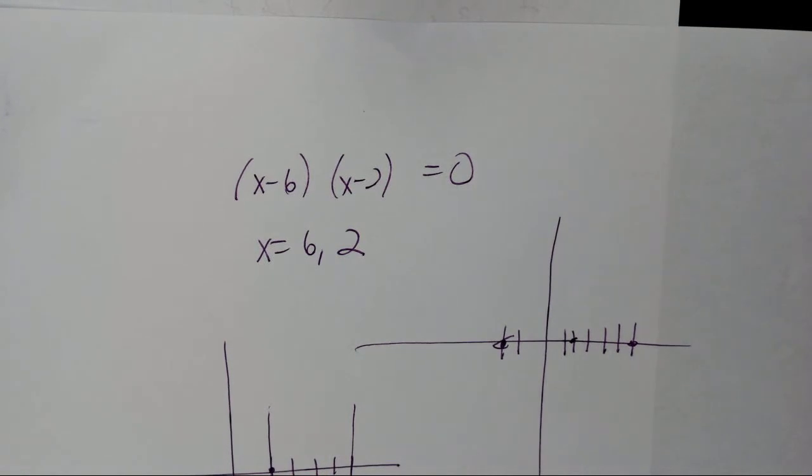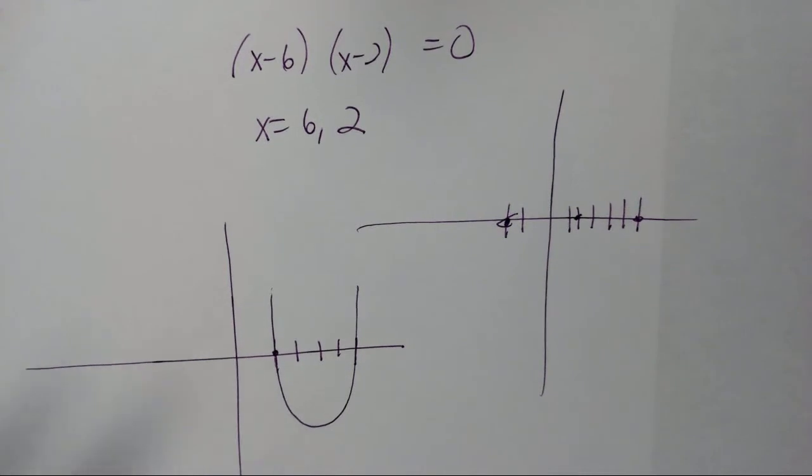Okay? So confirming your graph doesn't mean to use your solutions to graph. It means graph it to make sure the graph is really doing what at those numbers? Crossing the x-axis at those numbers.